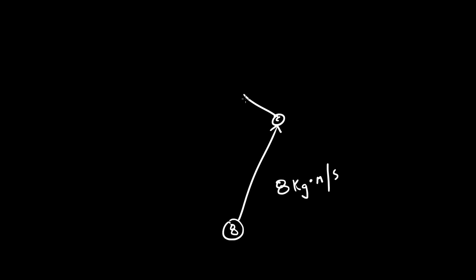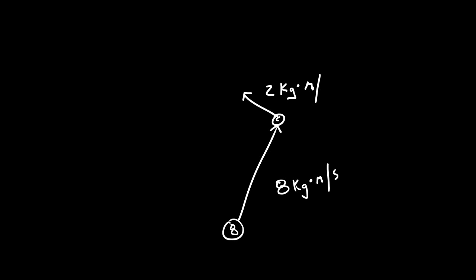Let me show you guys on another slide. So the 8 ball, let me draw this ball again, went in this direction with a momentum of 8 kilograms times meter per second. Now the cue ball, remember, whenever you add vectors, you connect them head to tail, would be right there, and it went in this direction with a momentum of 2 kilograms times meter per second.